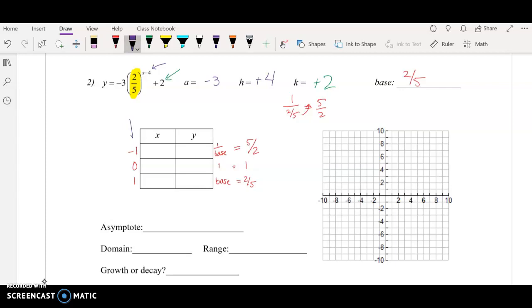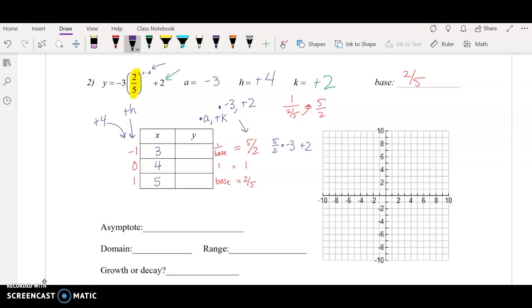Now what we're going to do is transform the x values. These ones are going to add 4 to each of them. Add 4, we get 3, 4, and 5. For your y values, you are going to multiply by -3 and then add 2. You're always going to multiply by a and then add k. So for this first one, we're going to do 5/2 times -3 and then add 2.